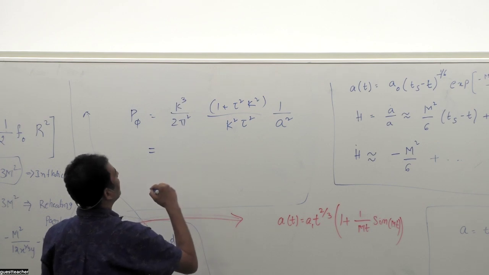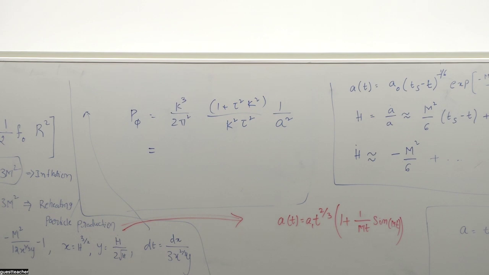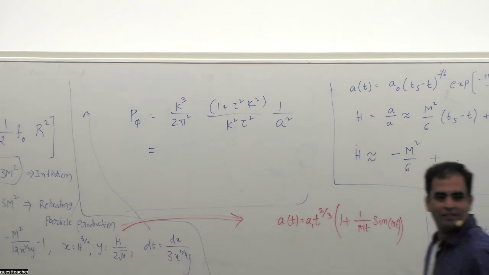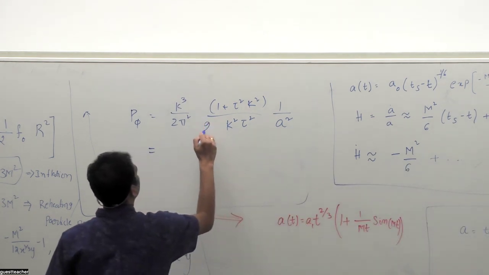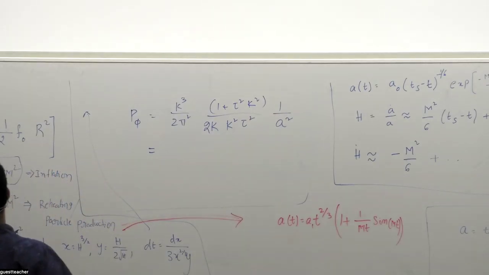Now, there is something missing here. Remember these 2k factors. There is 2k. Is there anything missing here?